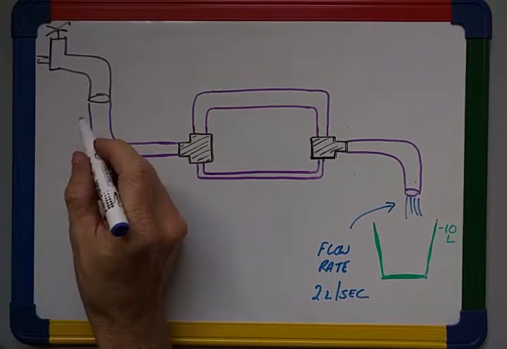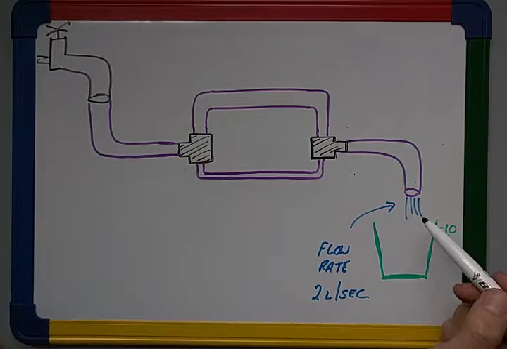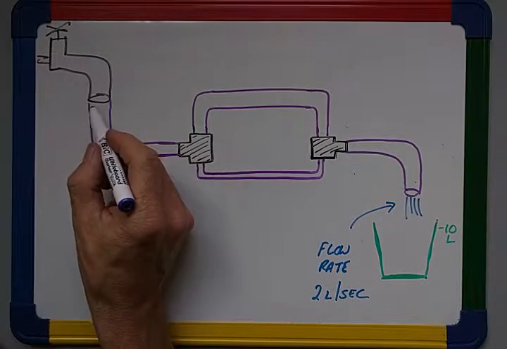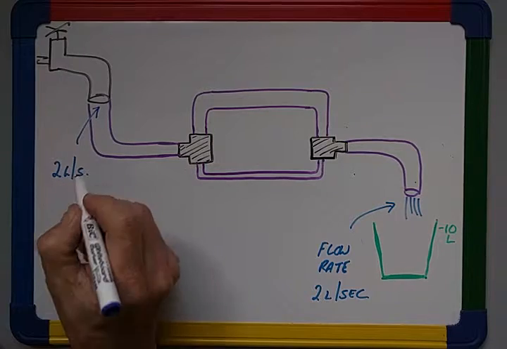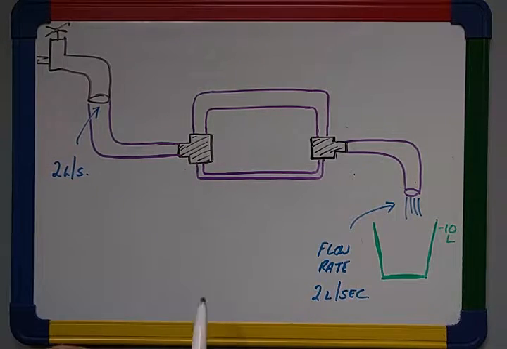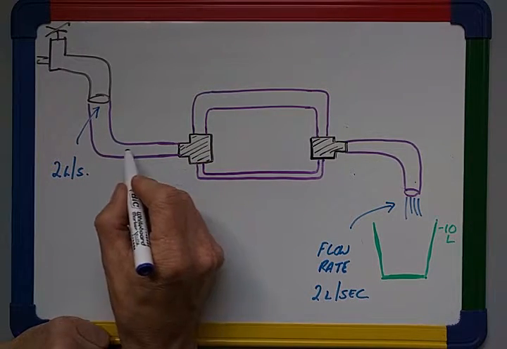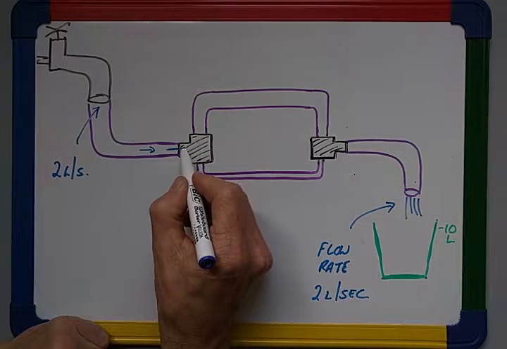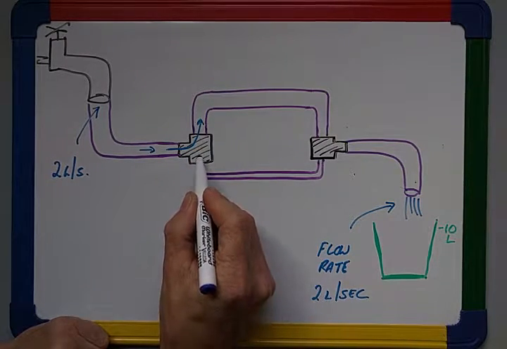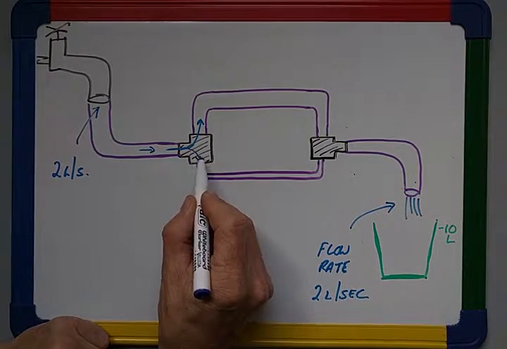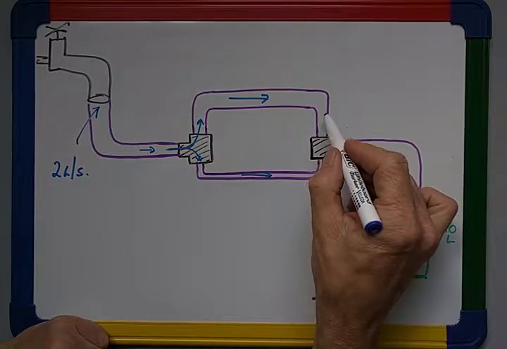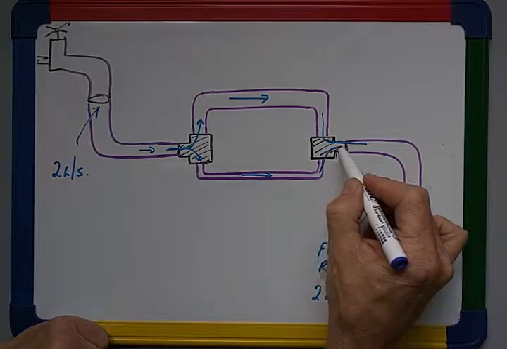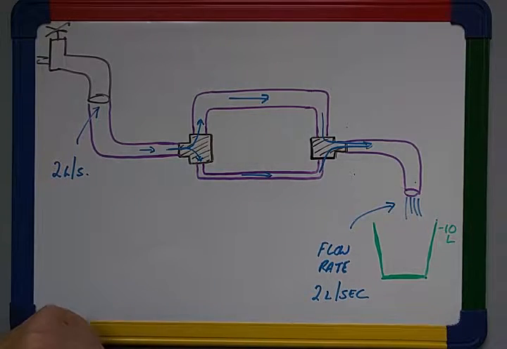Well, we know from back in lesson 1 that if the flow rate here is 2 litres per second, the flow rate here must also be 2 litres per second. Now the water flows along here and then it splits, and some of the flow goes up this way and some goes down this way. Some flows along there, some flows along there, and then they join up and flow out here.